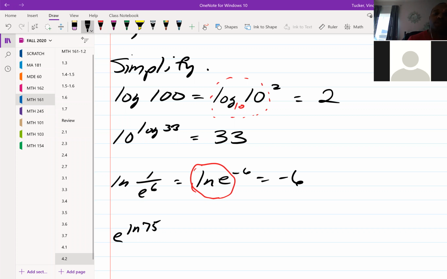And that will leave you with just negative 6. And then this last one cancels out to give you 75.